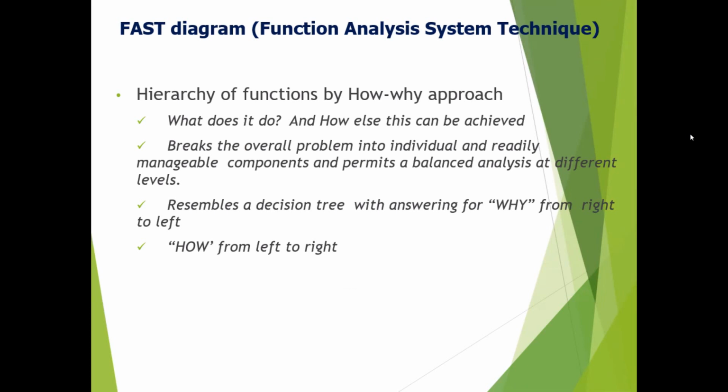So a hierarchy of functions by the how, why approach. As I said earlier, when you look at the system or the project, go for the possible segregations of functions at different levels, hierarchy, broader level, divide the functions, go down each and every function, see whether you can subdivide it and go to the next level that can be further subdivided, right?